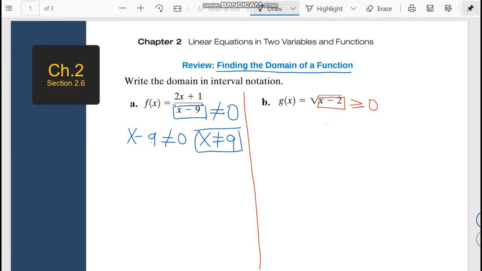And the way we will do that is by writing the domain and removing number 9. This is the template that you're going to use. Negative infinity, comma, blank, where I'm going to fill the number that you want to exclude, and union, blank, comma, infinity.